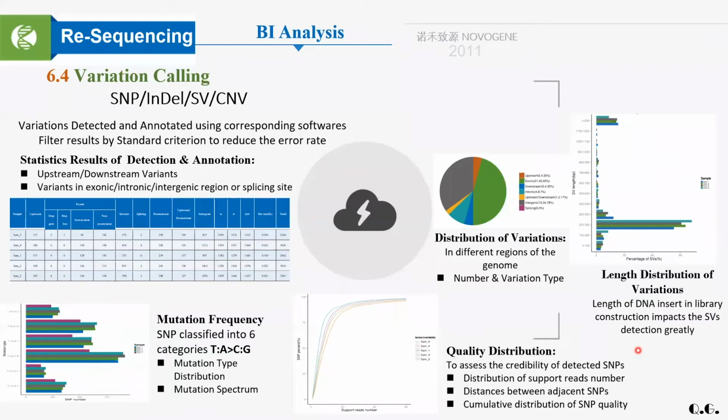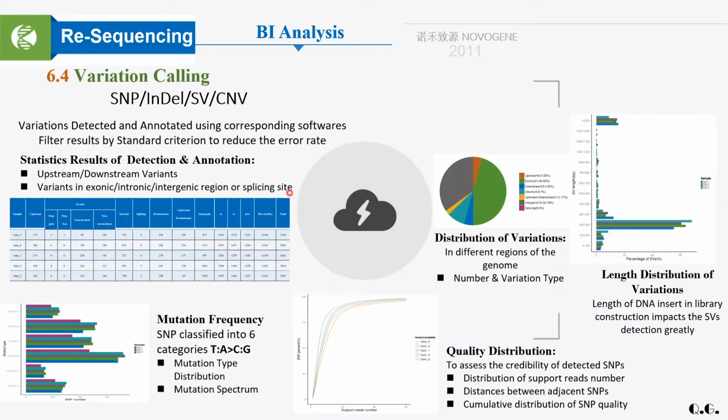Variations are detected and annotated using the corresponding software, with results filtered by standard criteria to reduce the error rate. And we will provide the statistics results of detection and annotation in a table like this, where the upstream and downstream variants and those in exonic, intronic, and intergenic regions or splicing sites are calculated.